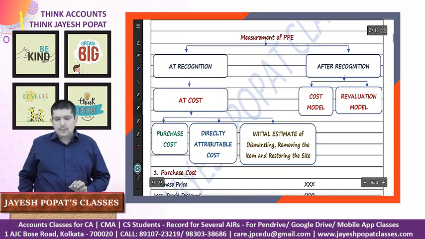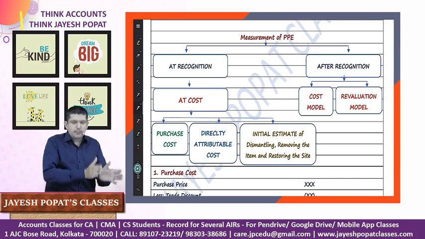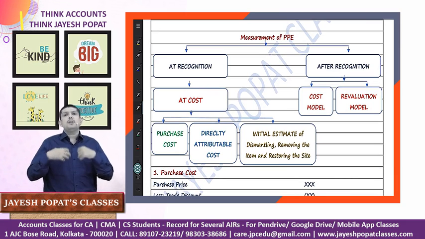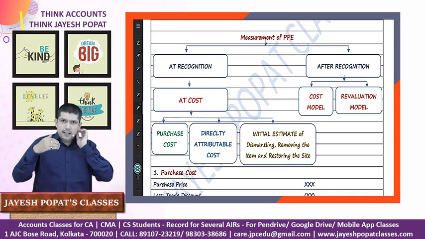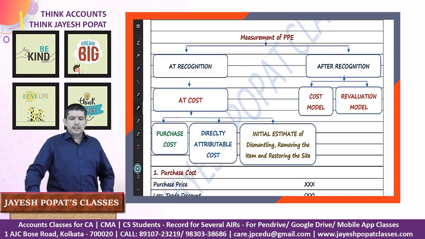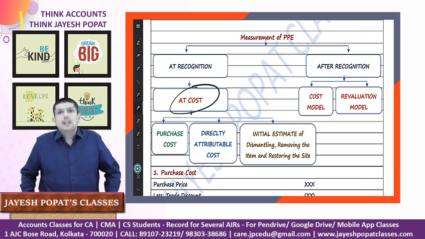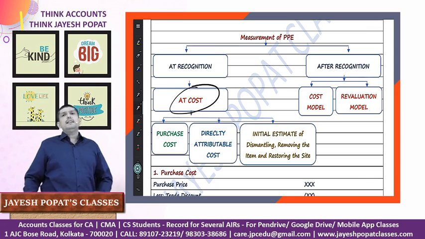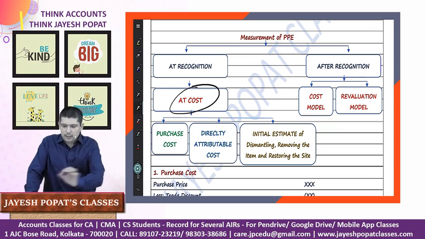Then we'll talk about measurement of PPE. This measurement has to be done twice. One at the time of initial recognition, that is the first time you are capitalizing your item of PP, and second is after recognition, that is you are carrying the PP at each balance sheet date. The initial recognition has to be done at cost, and the cost will have three components: the purchase cost, the directly attributable cost, and the initial estimate of dismantling, removing and restoring the site, which we will talk about.